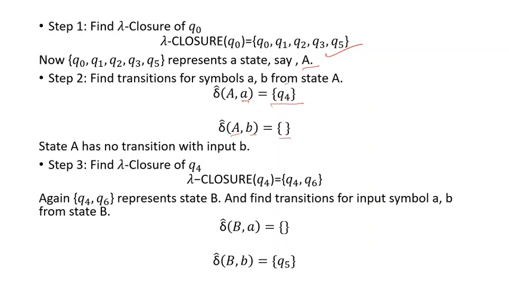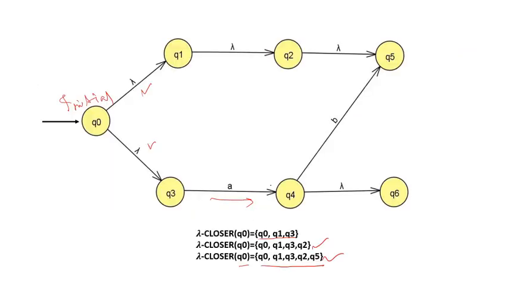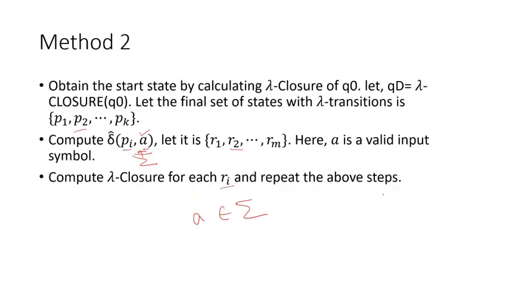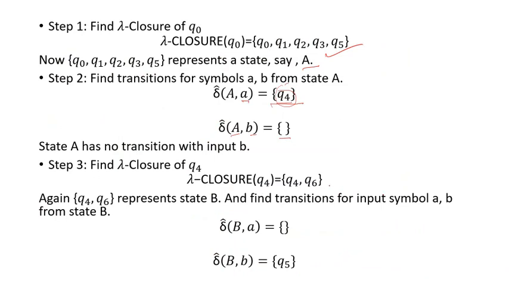In the next step we have to find the lambda closure of all the obtained states. So we have only Q4, so we find the lambda closure of Q4. The lambda closure of Q4 includes only Q4 and Q6. So we get Q4 and Q6.